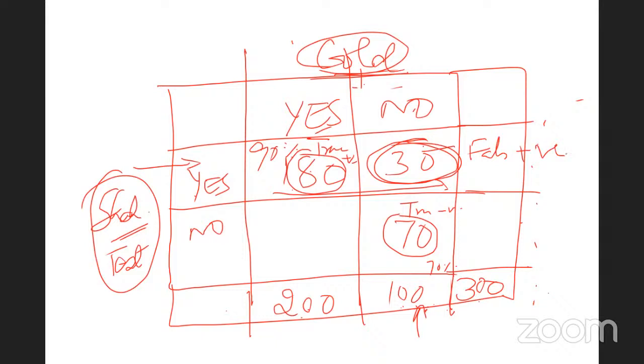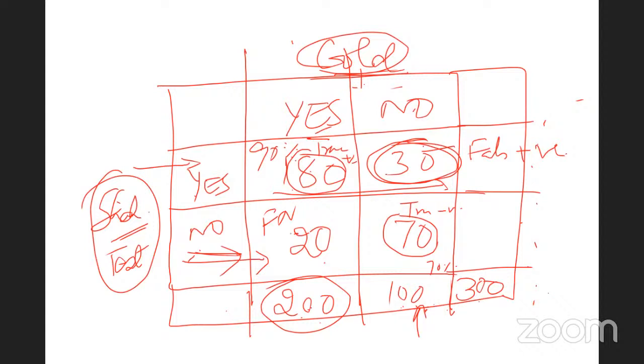Now, 200 people were positive, but by this test, 20 people will be told, no, you don't have the disease. So falsely labeled as negative, even though they were positive. So that's why sensitivity and false negative add up to 100%.